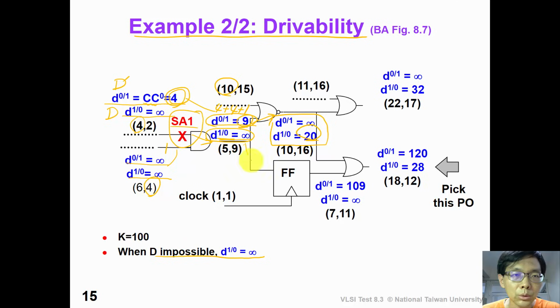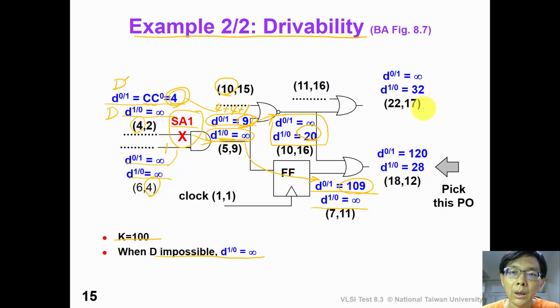If we want to propagate this drivability through this flip-flop, we will need to add a large number K. In this example, we use K equal to 100. So D01 is now 109. And the D10 is still infinity.